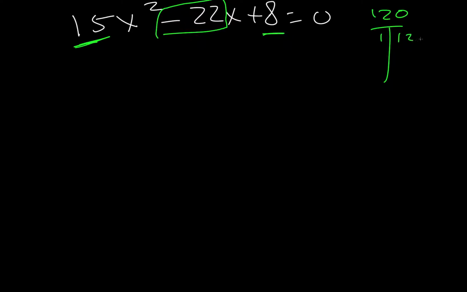So we have 1 times 120, 2 times 60, 3 times 40, 4 times 30.